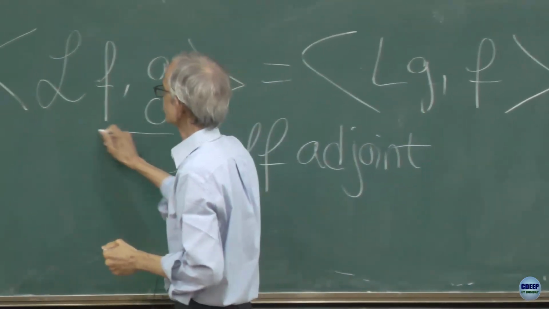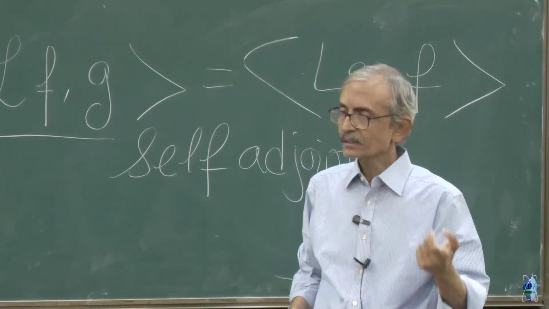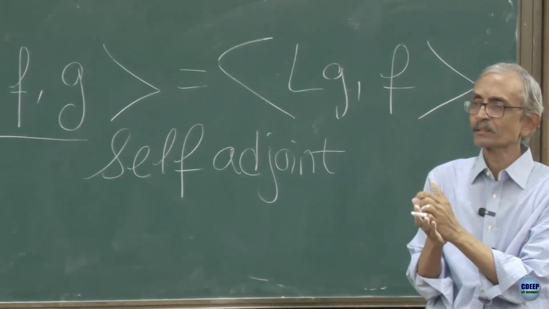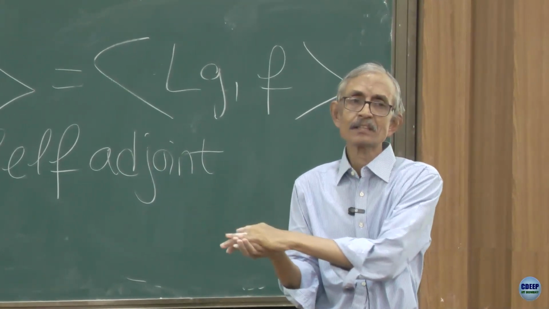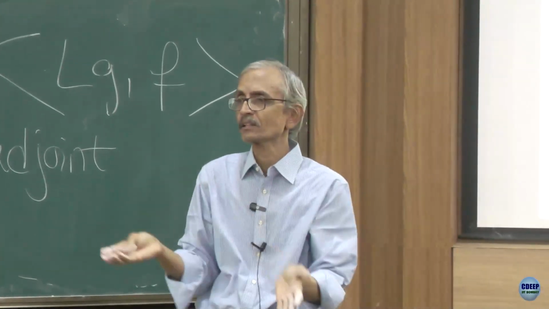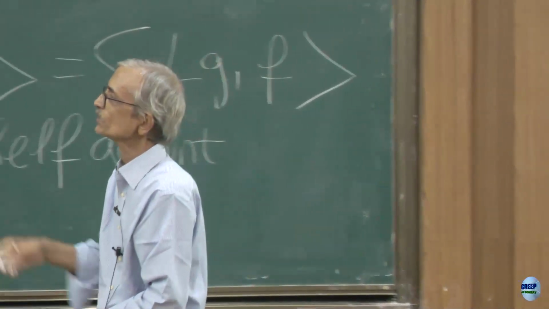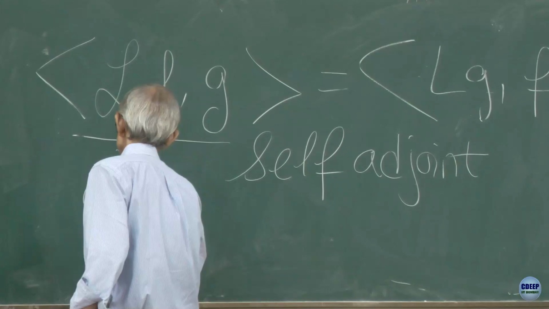So we'll take an example so that we see that sometimes a particular operator is self-adjoint under certain conditions and it is not self-adjoint under some other conditions. So the same operator. We look at a simple operator, L is d square dx square.